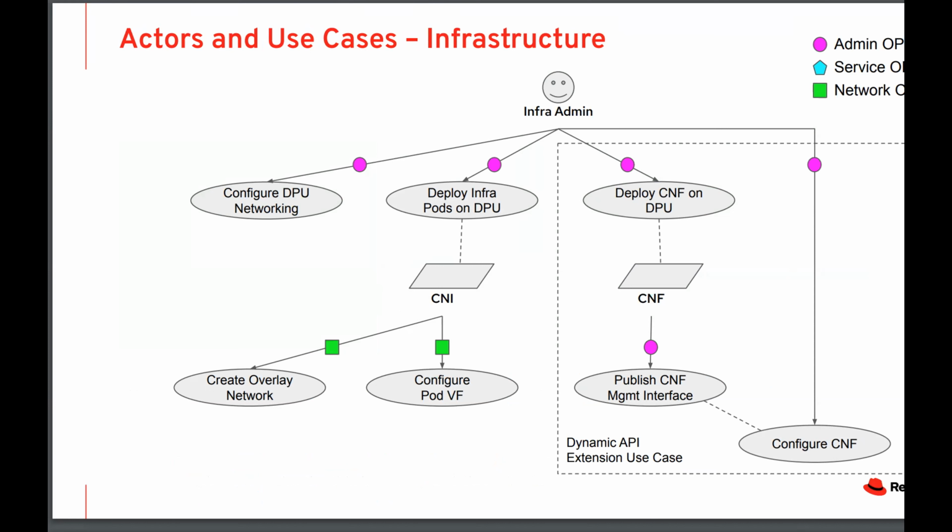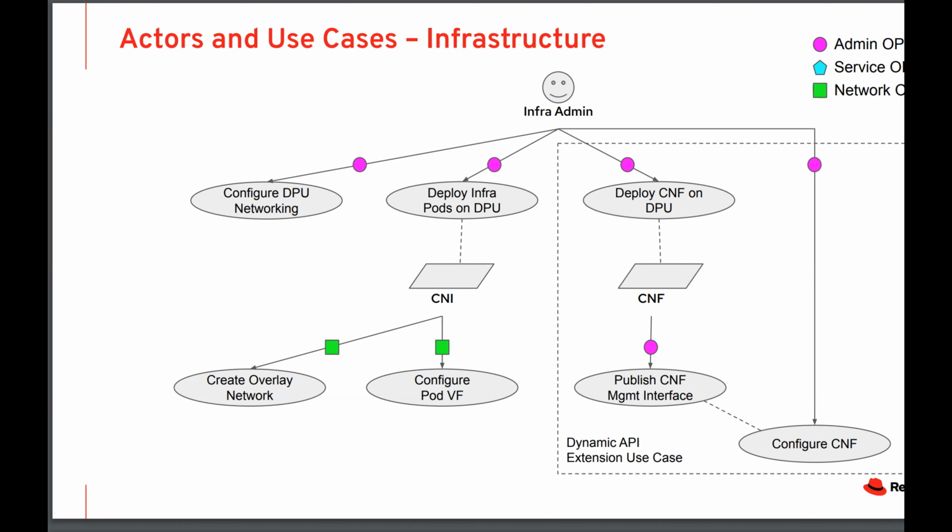As a first pass, we started to identify the infrastructure admin actor, the CNI as an actor that wants to use APIs, and also potentially CNFs that get deployed onto the DPU to extend capabilities available for pipeline processing.